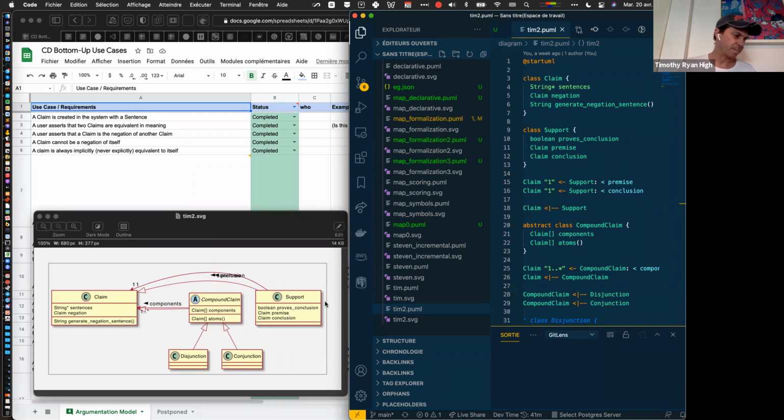Yeah, I'm going to have to come up with the example that I had before. But basically, it's one of those cases where an argument in support of one is an argument against another, and that is a duplication.